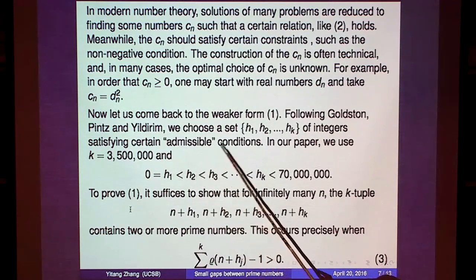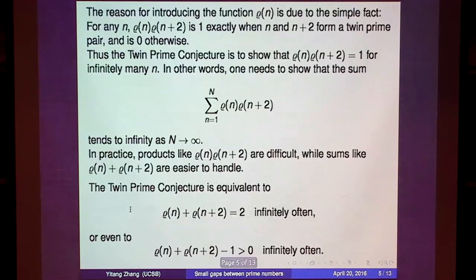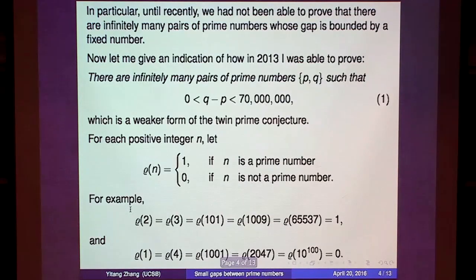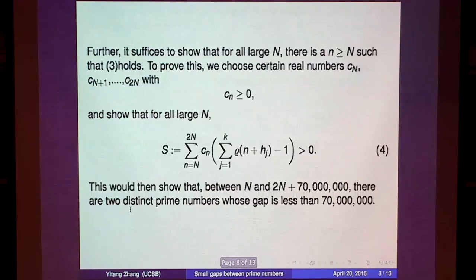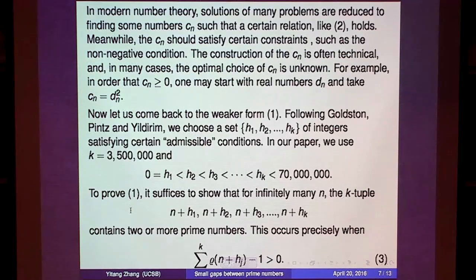So now let's come back to the weak form 1. Let me recall it a little: the so-called bounded gaps less than 70 million.